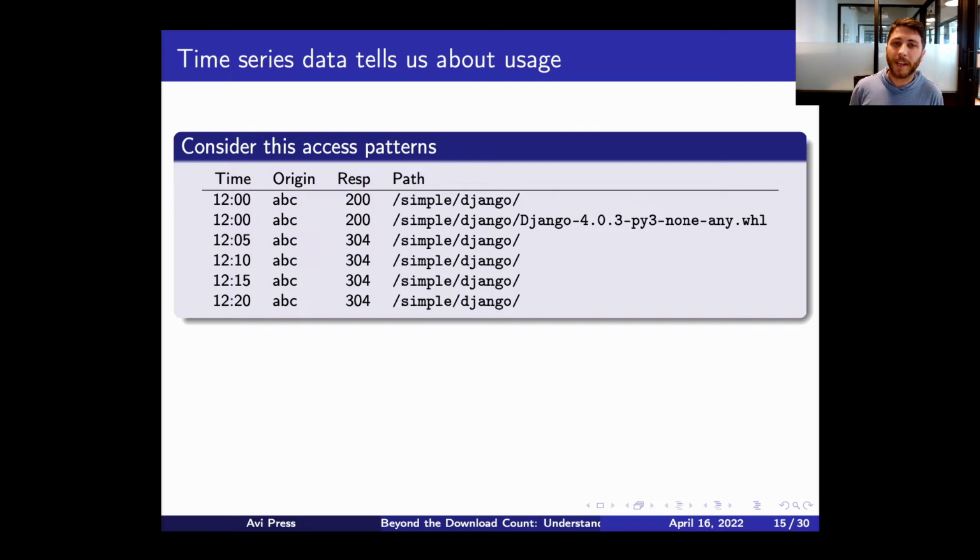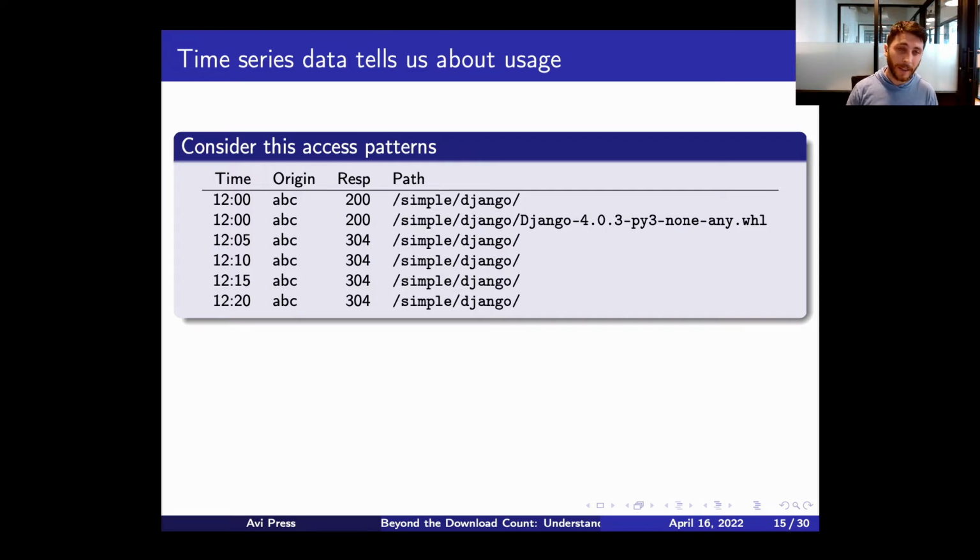So if we consider this access pattern where the same source of the traffic is checking the index of Django, basically if you're running pip install on Django, the client is first going to check the index of that package to check all the available versions, and then it will eventually pull down one of the wheel files so it can get the rest of the things that it needs to build the package.